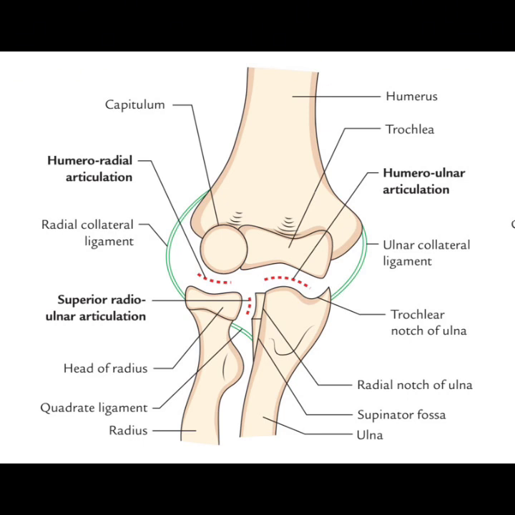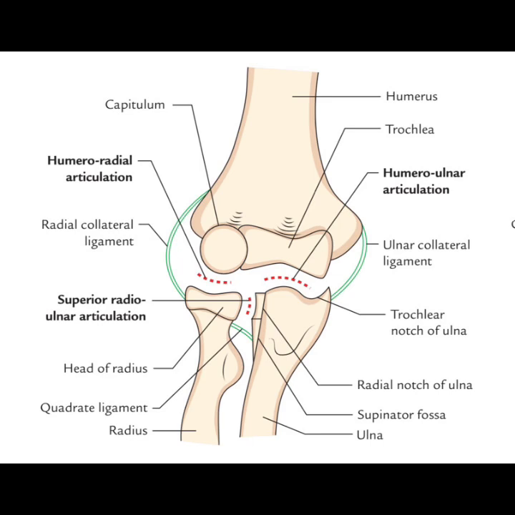That is when the joint surfaces are most congruent to each other. So don't forget again, the articulating surfaces are the capitulum of the humerus and the head of the radius, and the trochlea of the humerus and the trochlear notch of the ulna.